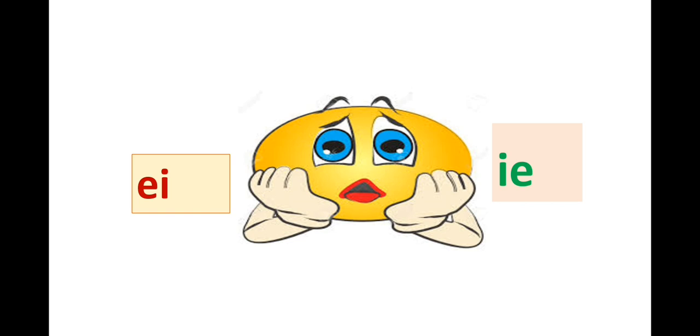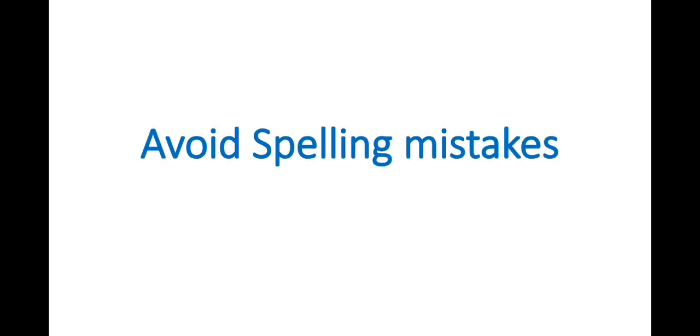And you might be thinking, is there any tip to follow to avoid such spelling errors? This tutorial is about that tip only. So you will watch today to avoid spelling mistakes, especially when you get confused between EI or IE.